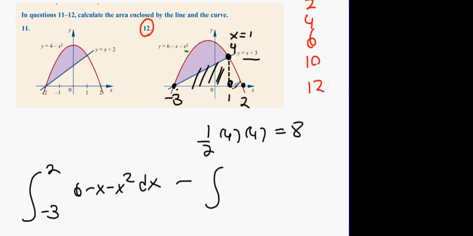So it's going to be, once again, oh sorry, that doesn't go to 2, it goes to 1, because it stops up here. So this is going to be -3 to 1 as well, and the y value is x + 3. Do you see that? And this here should turn out to be 8.